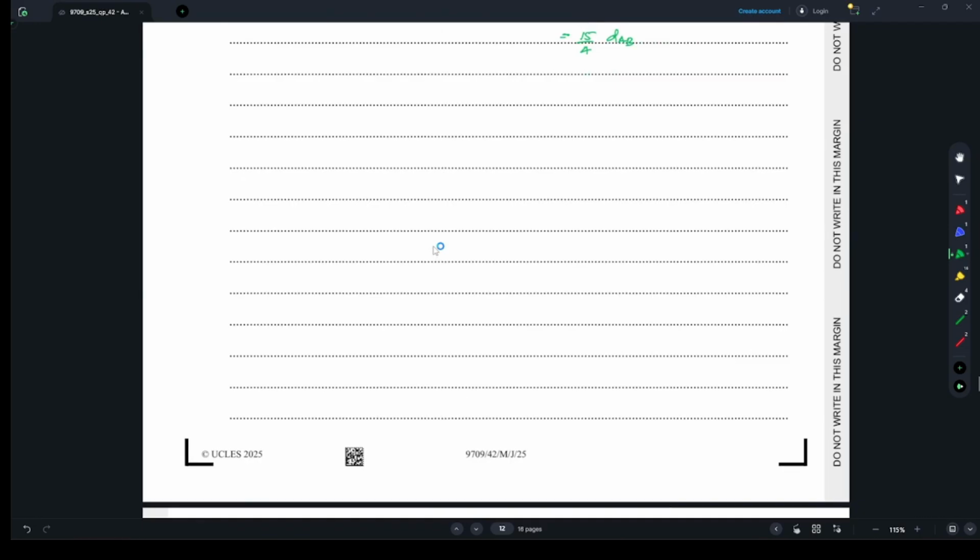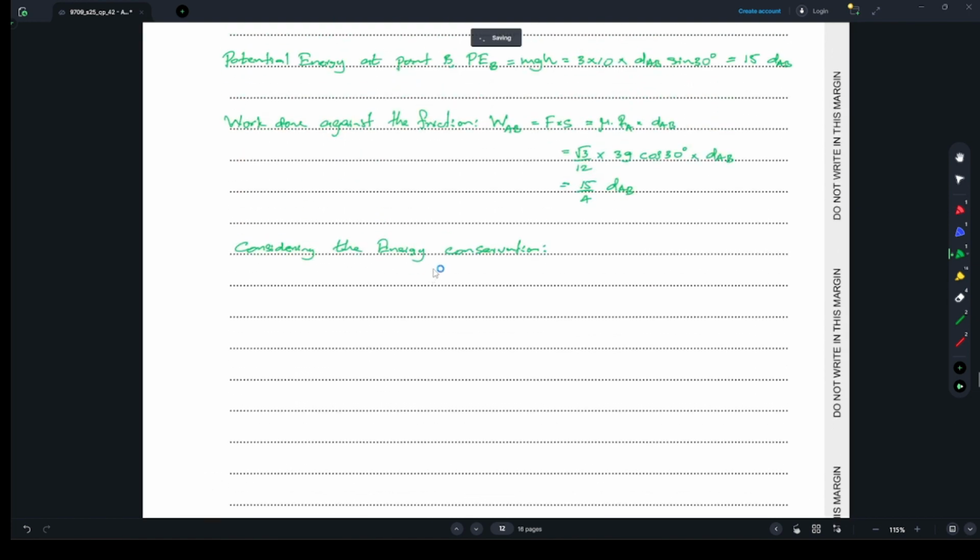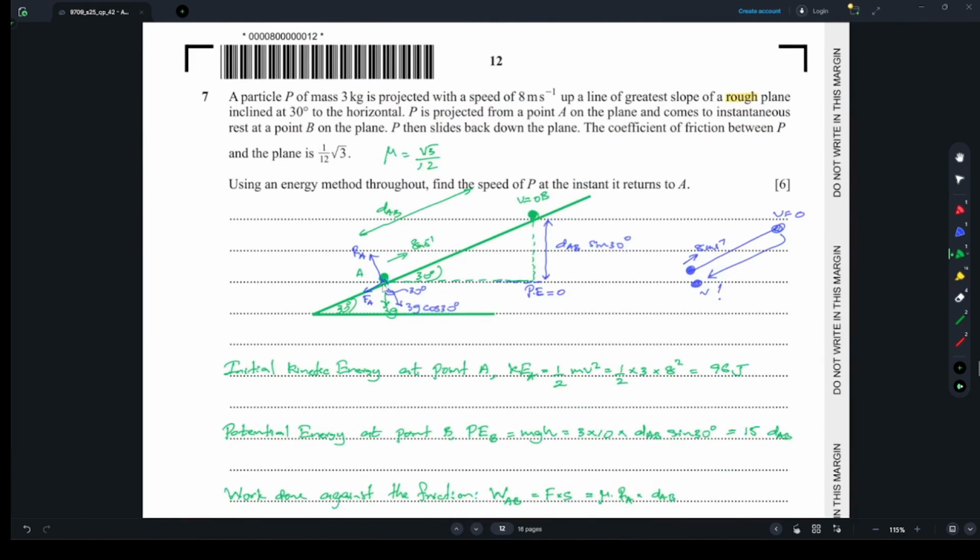So now we can consider the energy conservation. How can we write it here? Initially we had only kinetic energy, right? And then what happened?